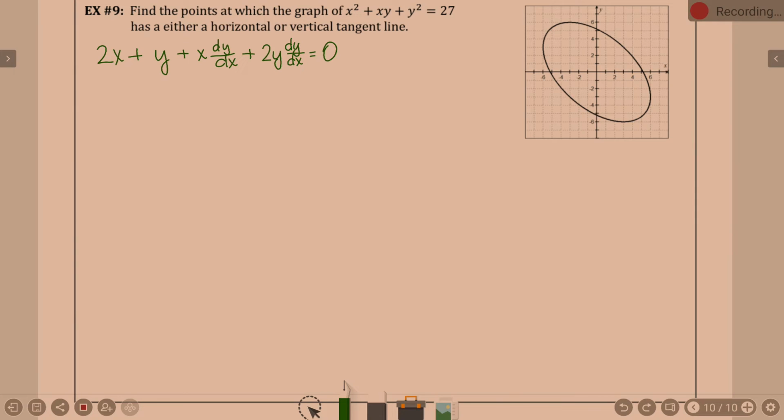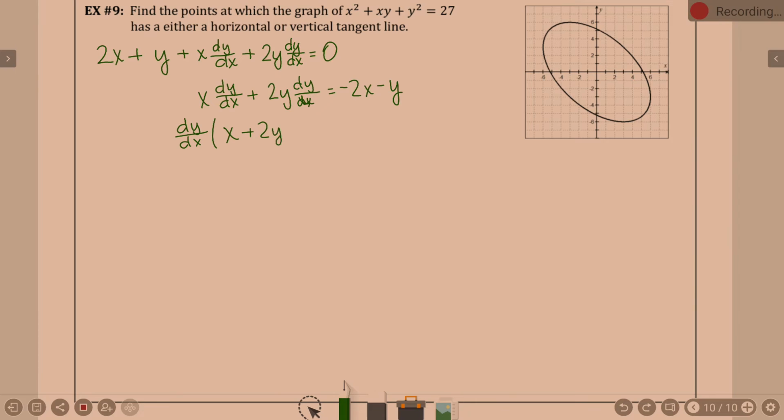Okay, now we're going to subtract 2x and y, and separate the dy dx terms from the regular terms. So I'm going to keep x dy dx plus 2y dy dx, and subtract over minus 2x and minus y. Now you need to factor out a dy dx.